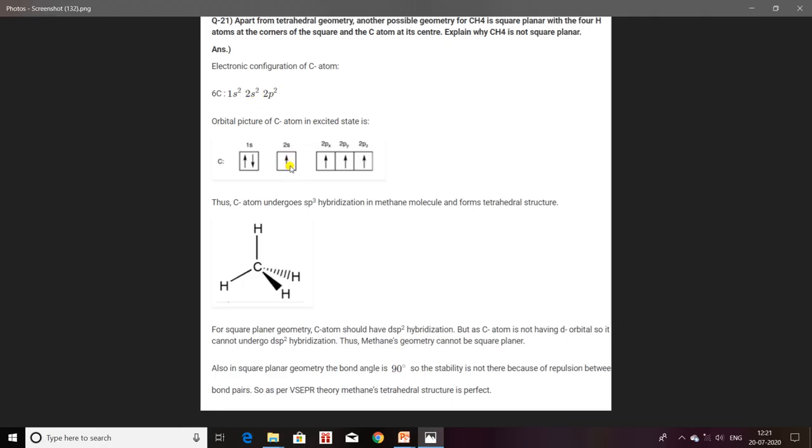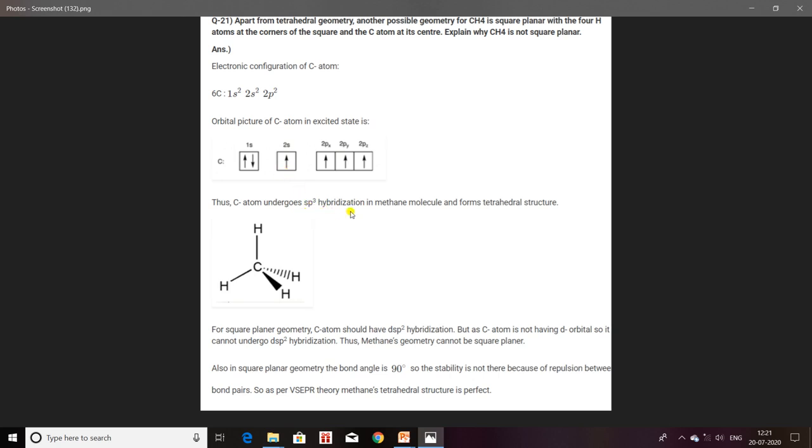Now only 1 electron is present because 1 electron jumps to the 2pz orbital. So you can see that these 4 orbitals, 2s, 2px, 2py, 2pz, will be involved in hybridization, and the hybridization will be sp3.